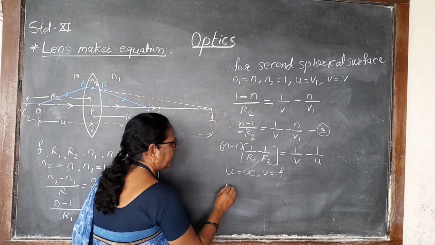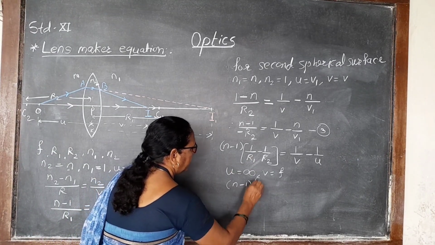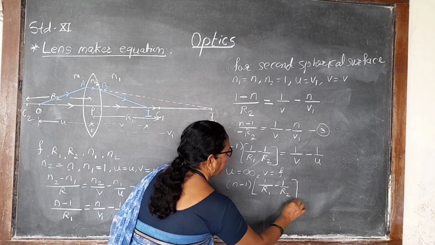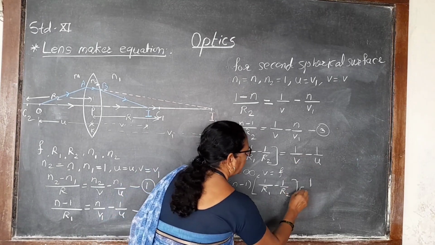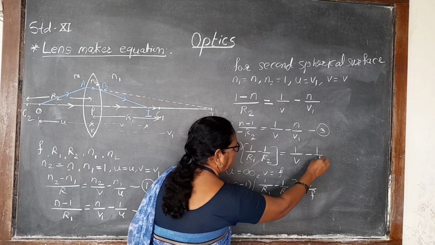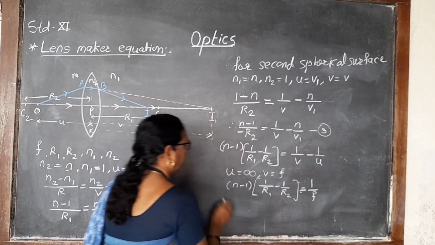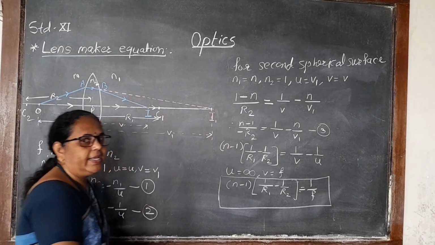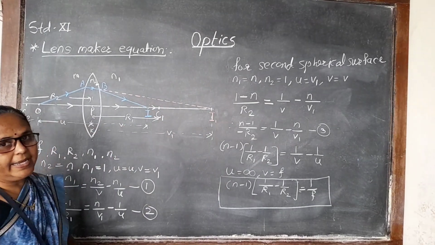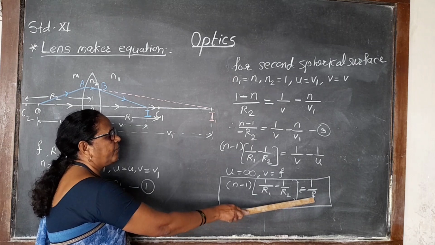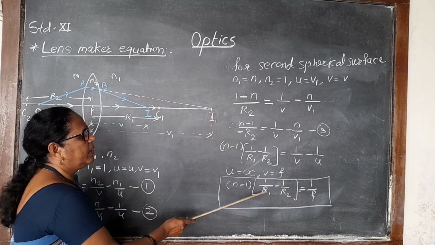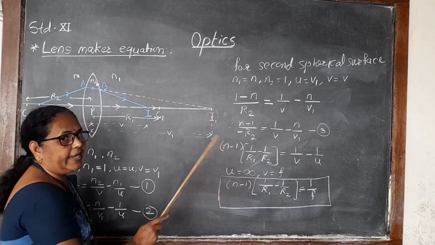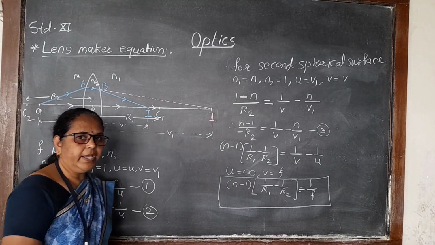So here this equation becomes N minus 1 into 1 upon R1 minus 1 upon R2 is equal to 1 upon F minus 1 upon infinity, which is 0. So this is your final equation which the lens makers use to design the lens of desired focal length. 1 upon F is equal to N minus 1 multiplied by the bracket 1 upon R1 minus 1 upon R2. Okay, thank you.